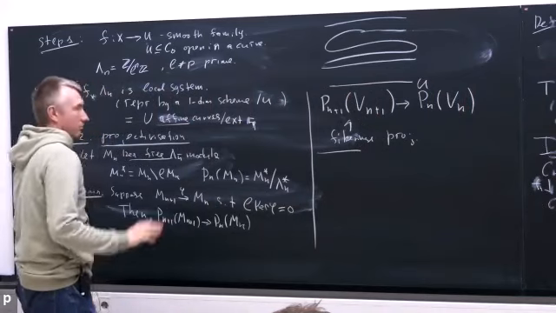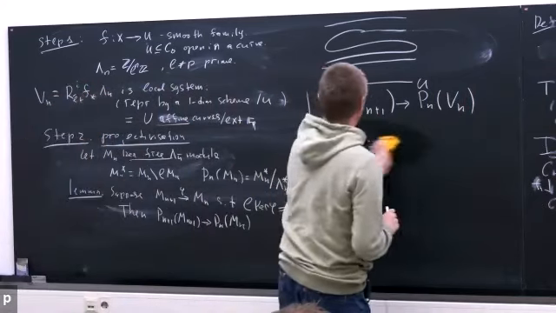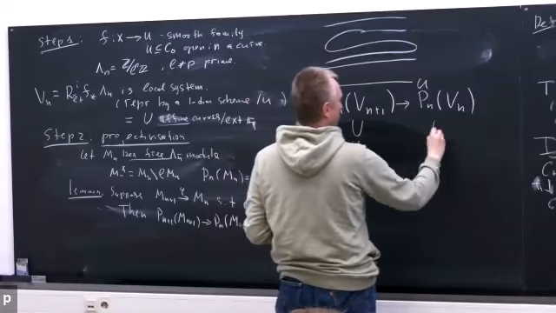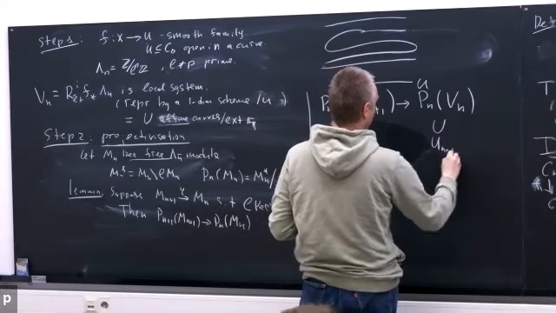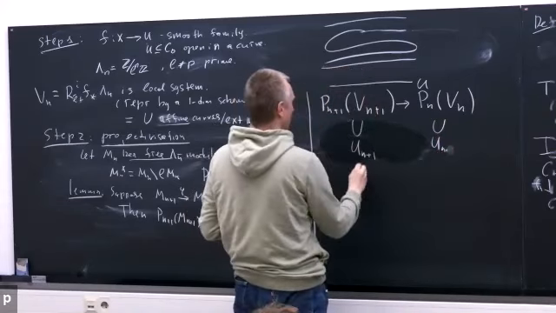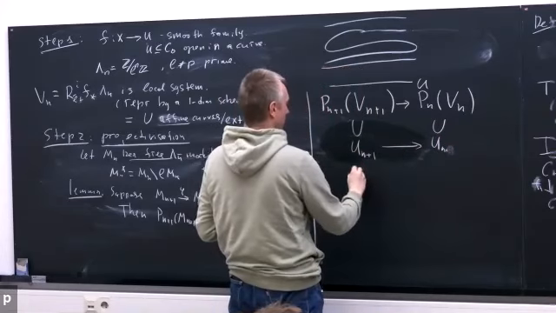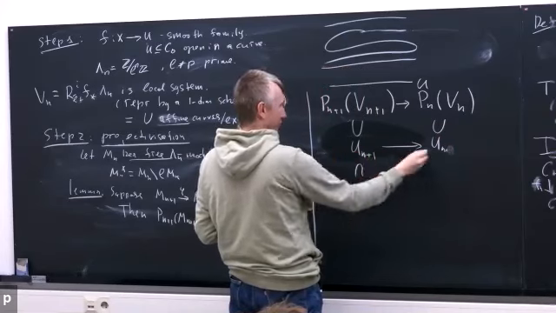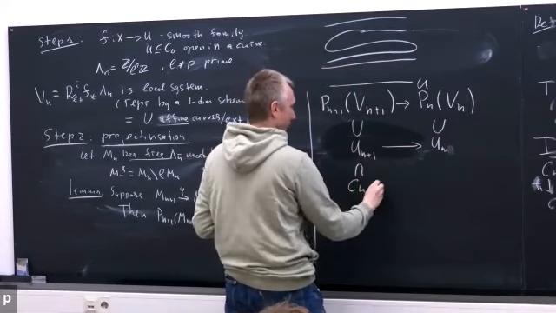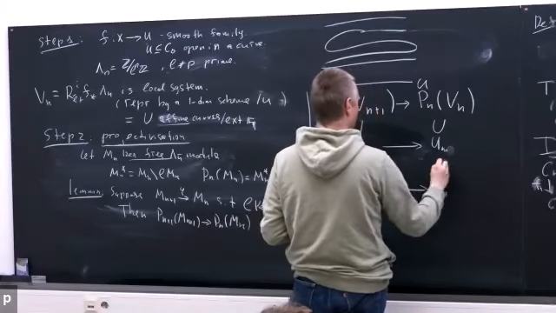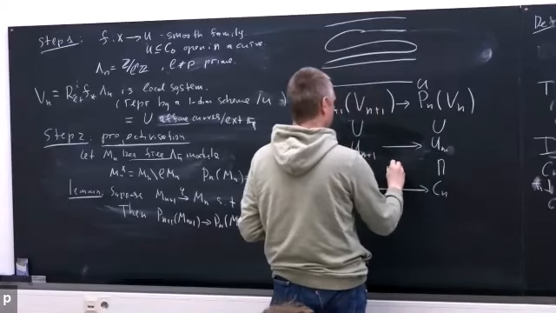Maybe let me draw it like so. Here we have a connected component, which I will denote Un, and now we take a projectivization in the sense of curves. So we get projective curves.